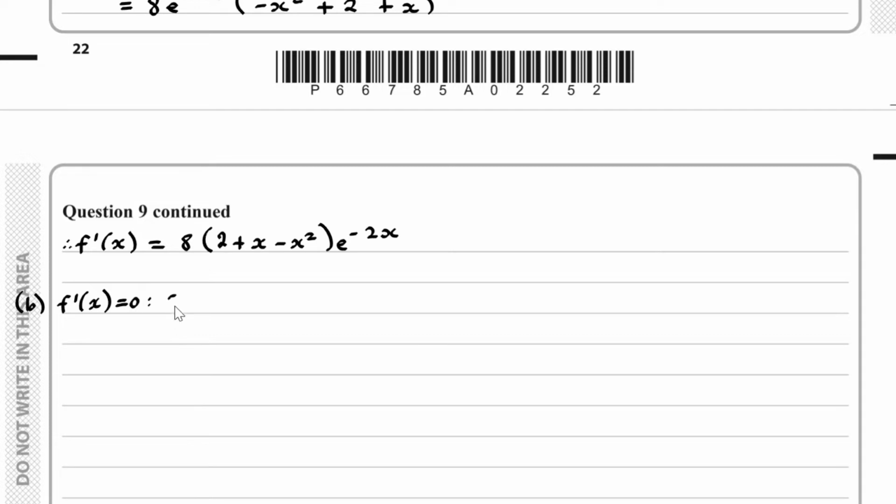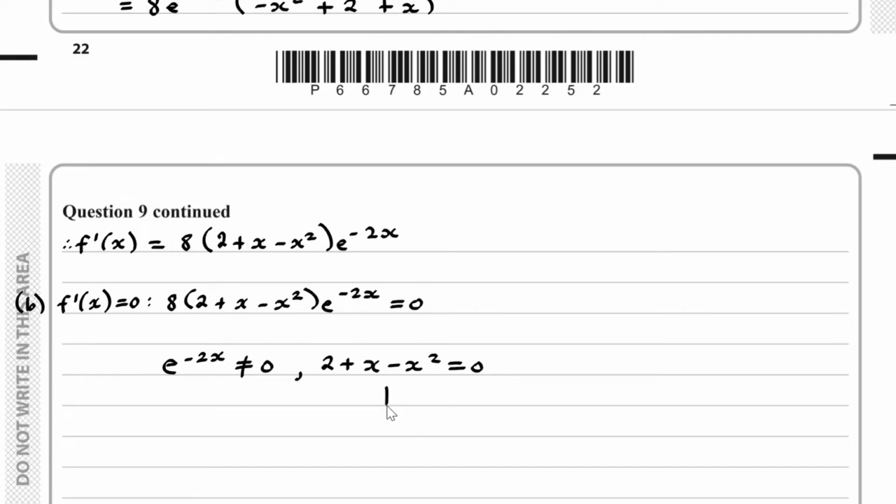So we have 8 lots of 2 plus x minus x squared e to the minus 2x equal to 0. And of course here, e to the minus 2x cannot equal 0. So if we divide through by 8 first of all, we have 2 plus x minus x squared equaling 0.